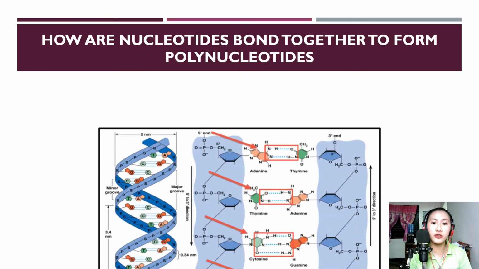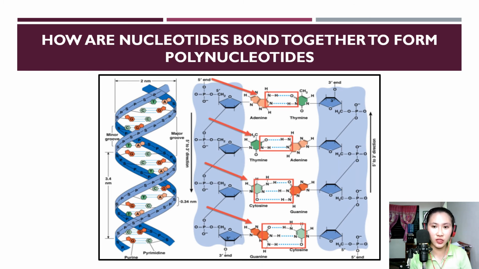So how are nucleotides bonded together to form polynucleotides? So here we have DNA. So as you can see, the hydrogen of a nitrogenous base, which is adenine, is bonded to the oxygen of the other nitrogenous base, which is thymine.